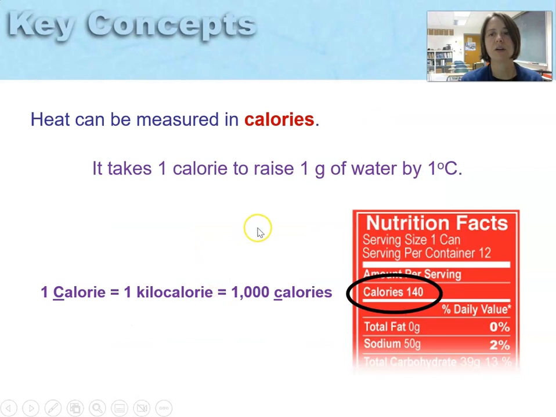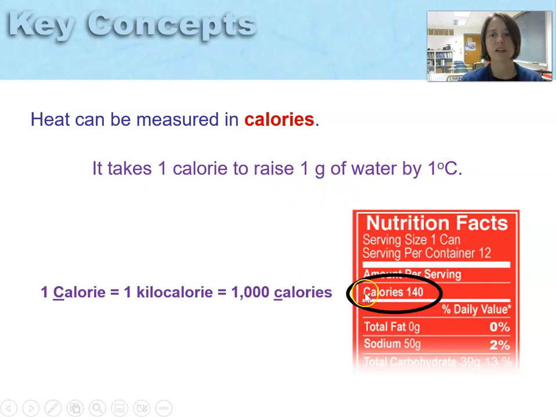Another way we measure heat or energy, not necessarily in science, but more like in food science, is by calories. A food Calorie is actually a kilocalorie. If it's a capital C, it's a kilocalorie, and it is equal to 1,000 calories, which are the amount of energy it takes to raise 1 gram of water 1 degree Celsius.